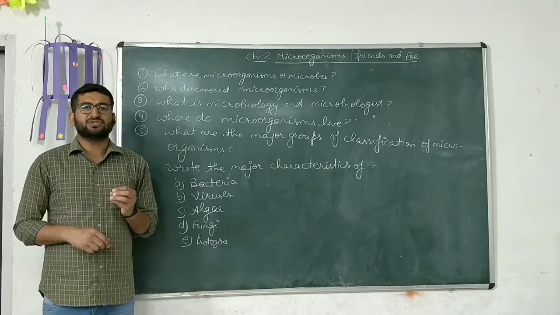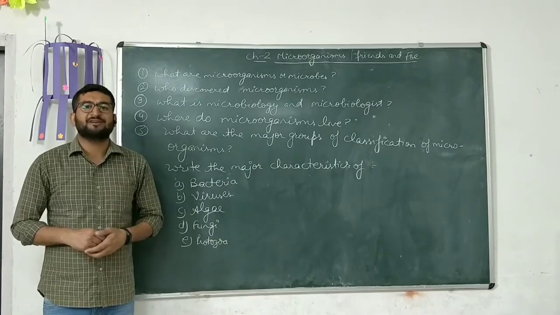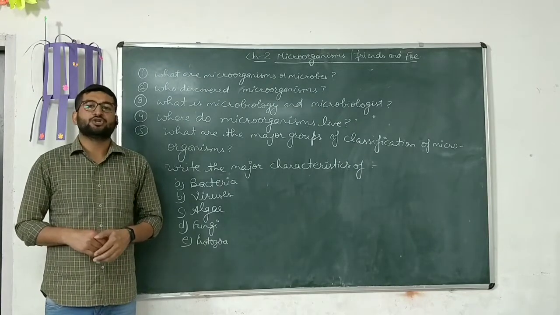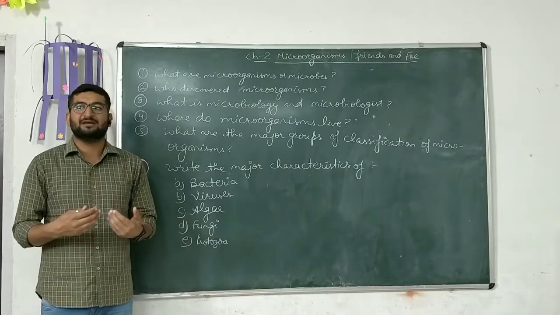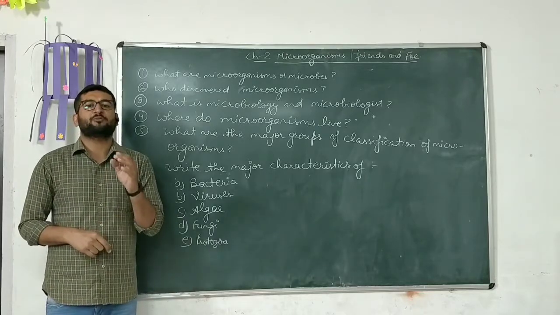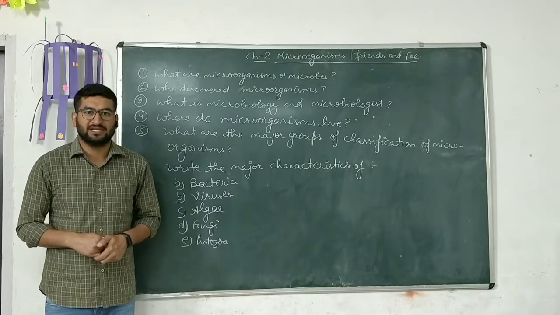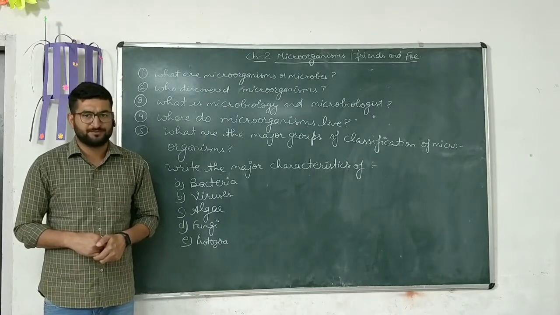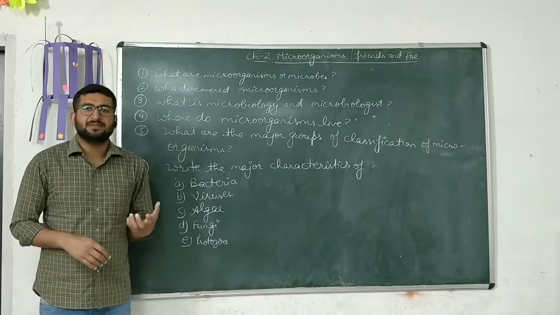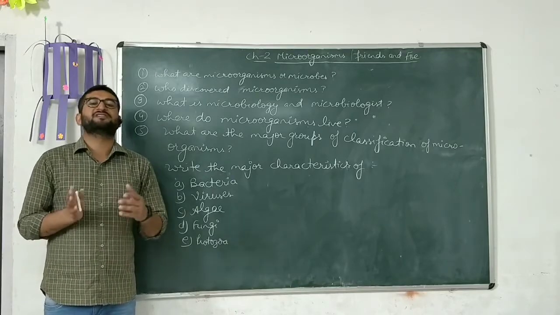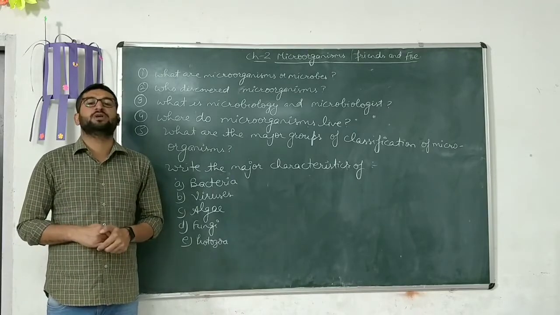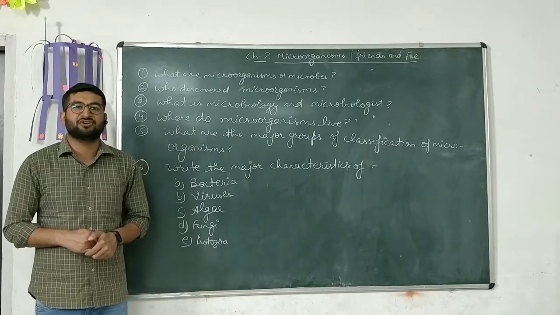The living organisms which we cannot see with our naked eyes, and to observe them we require a special optical device named a microscope, are known as microorganisms or microbes. Who discovered them? Microbes were first discovered by Anton van Leeuwenhoek in 1674.